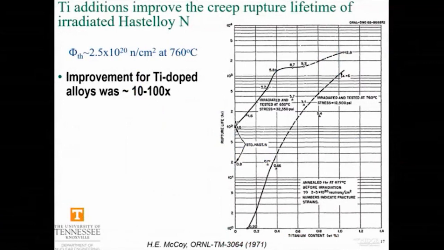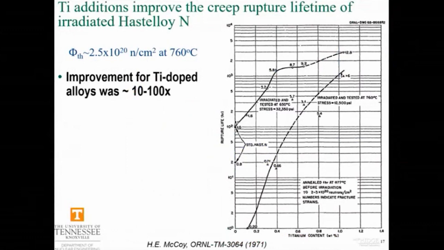They saw the early results on the poor performance of Hastelloy N, and so there were studies that went on looking at adding titanium, hafnium, zirconium to Hastelloy N material. And so here's just showing one result from an Oak Ridge report, early 1970s.